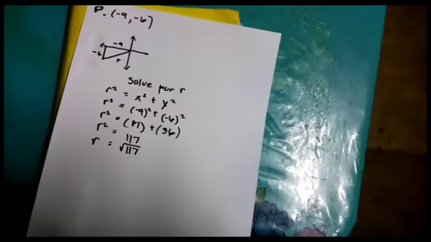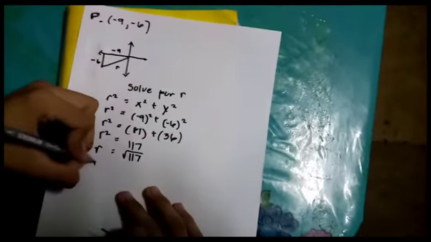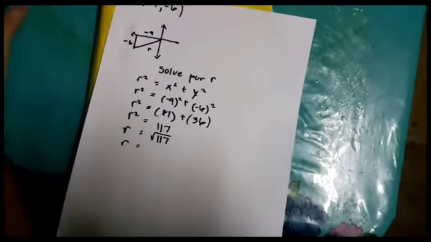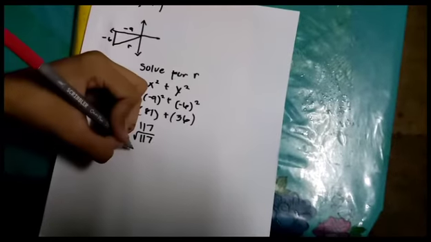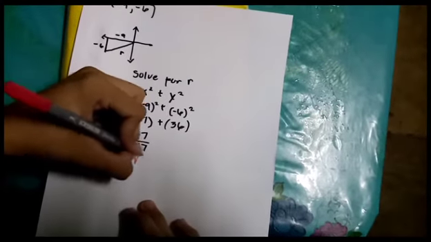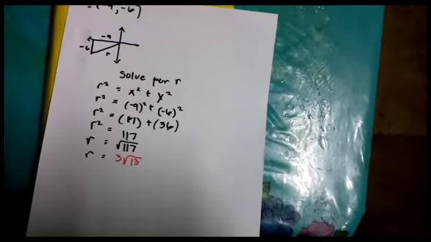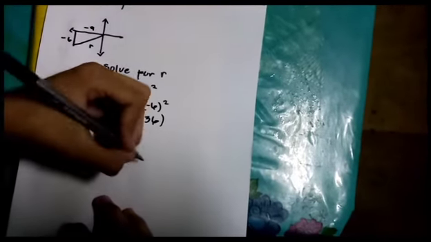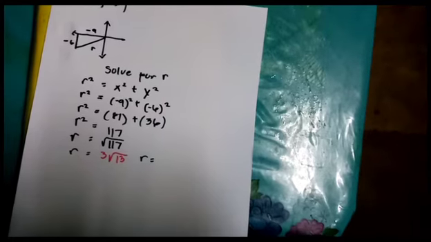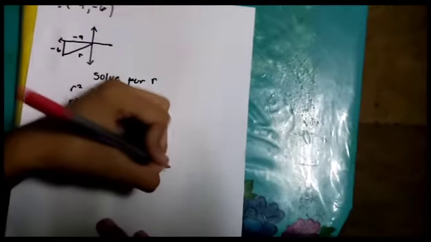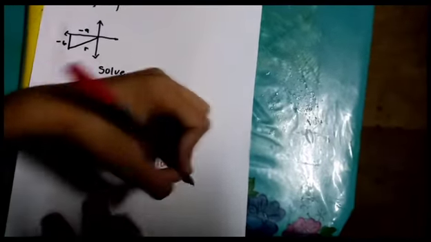Then we can simplify the radical into this. Or the decimal form, rounded off to the nearest hundredth. So this is the value of your r.